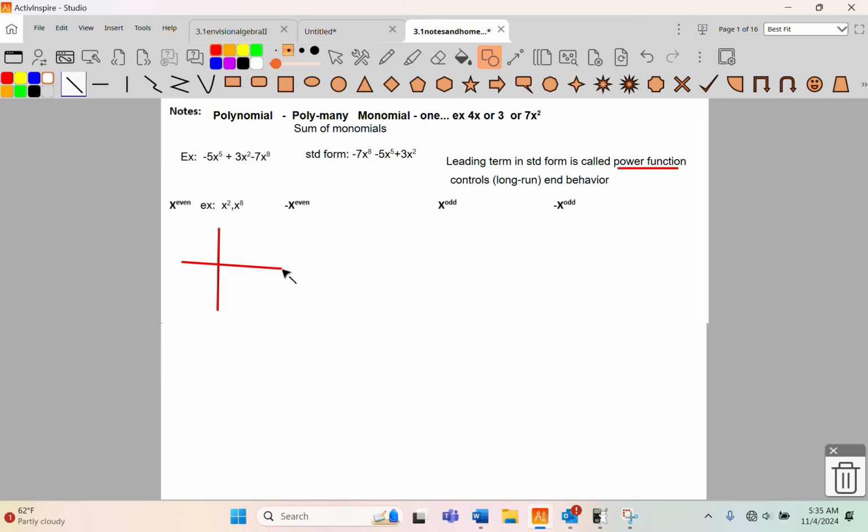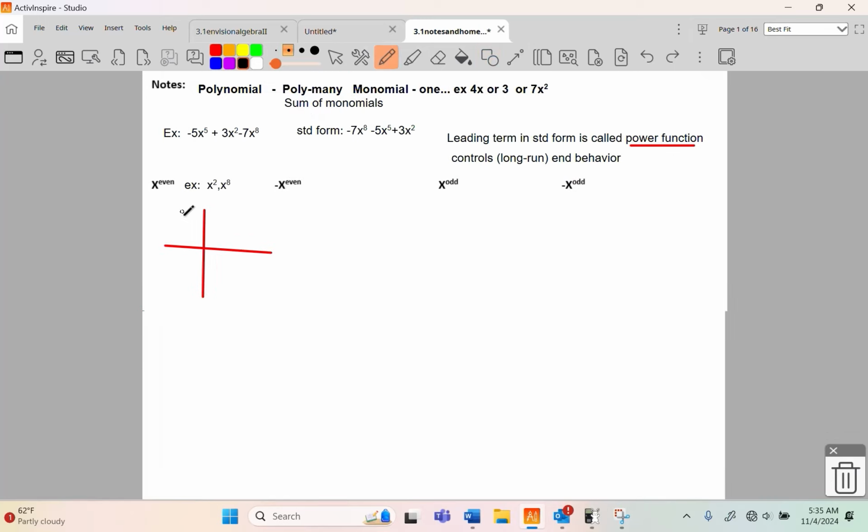Let me get my stylus here. There she is. But x to the even starts high and stays high. And the verbal description is something a couple of y'all have been lacking. But as we run left, as x approaches negative infinity, the y value approaches positive infinity. And as x runs to the right, as x approaches positive infinity, the y value also approaches infinity.